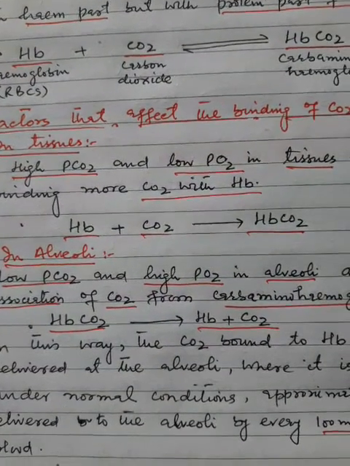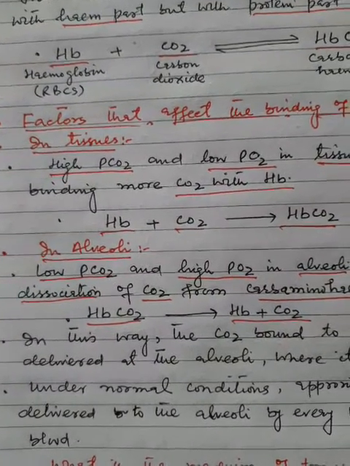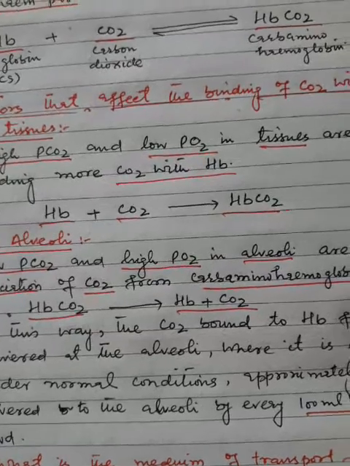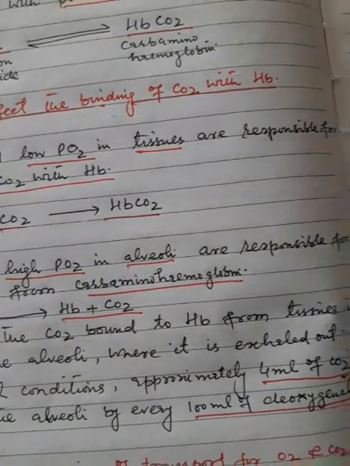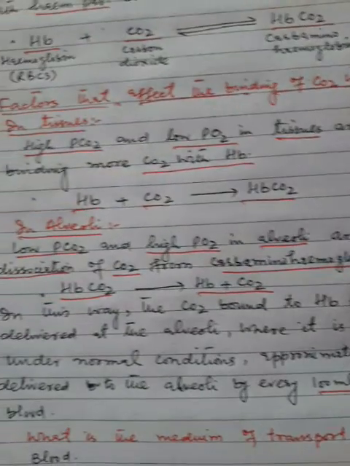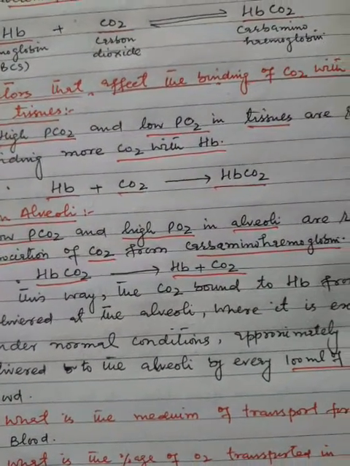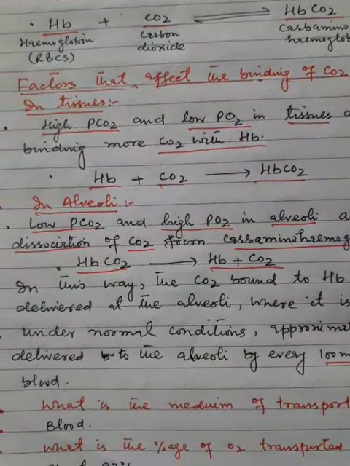Hb plus CO2 gives HbCO2. In alveoli, low partial pressure for carbon dioxide, PCO2, and high partial pressure for oxygen, PO2, are responsible for dissociation of carbon dioxide from carbaminohemoglobin. HbCO2 gives Hb plus CO2.